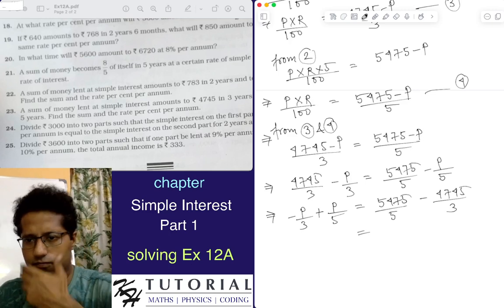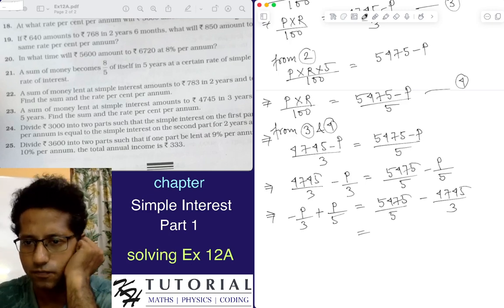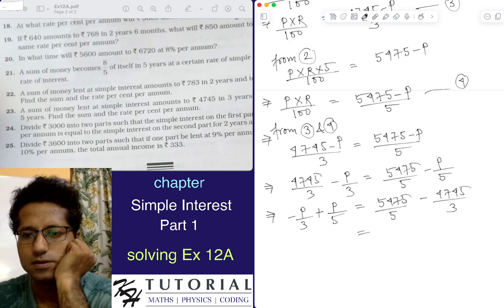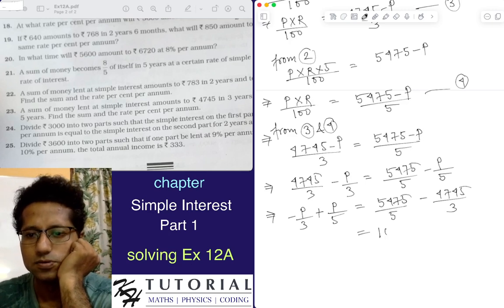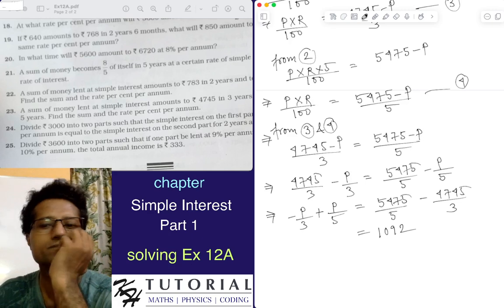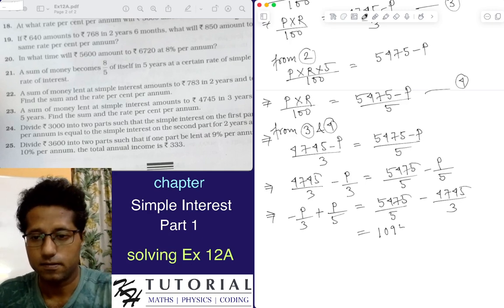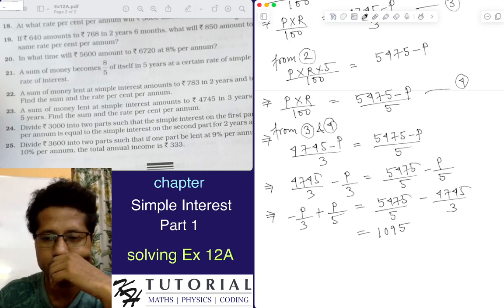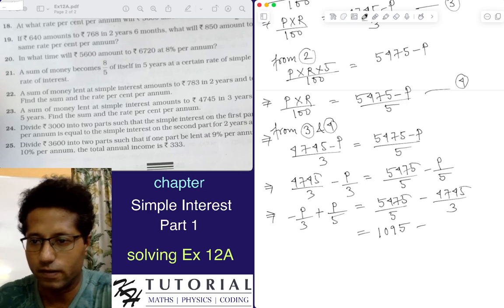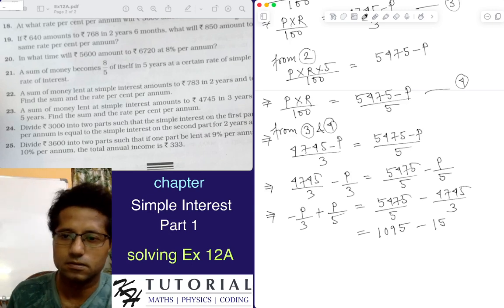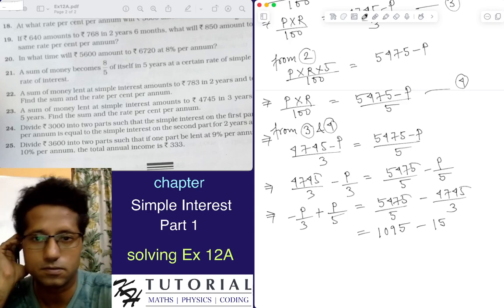Now let me see if this divides or not. Okay, so 5475 divided by 5 is 1095. And 4745 divided by 3, no, it is not dividing by 3.